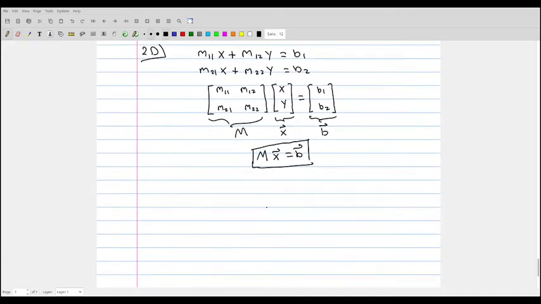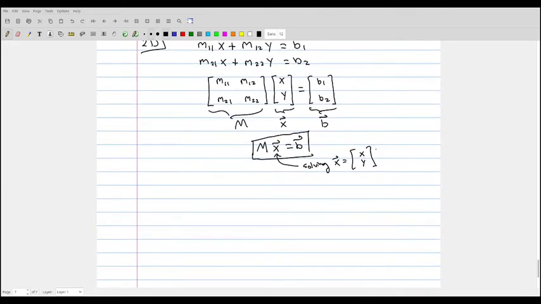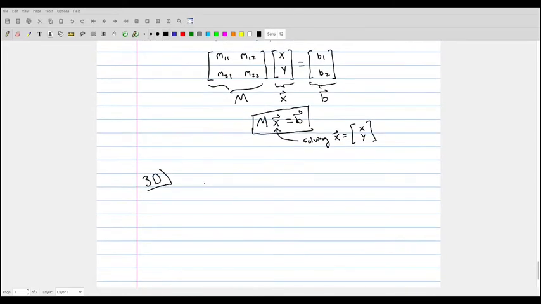So solving the system of equations amounts to solving for the unknown vector x, which is just equal to x and y. And we can do this in general for any size system. It doesn't matter how big the system is.